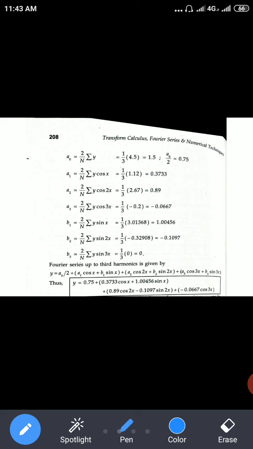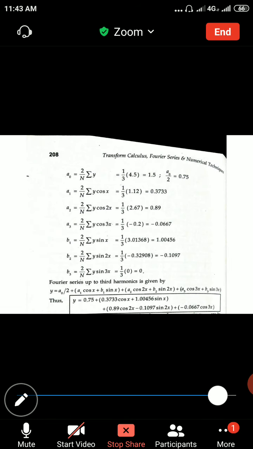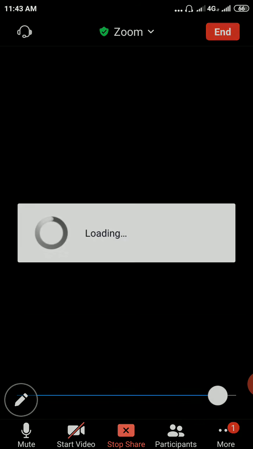Here summation of y you can calculate from the table. Summation of y is 4.5. Summation of y cos x is 1.12. Summation of y into cos of 2x is this. Y into cos of 3x is this. Y into sin x is this. Y into sin 2x is this. Y into sin 3x is this. These are the values we are using for our simplification.